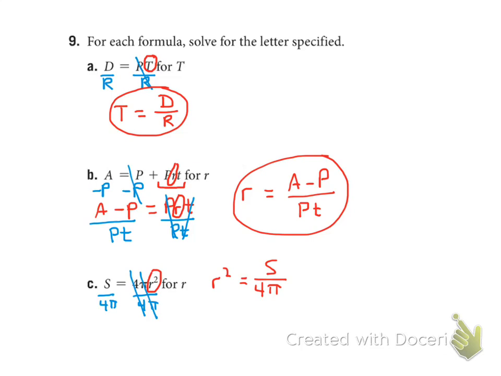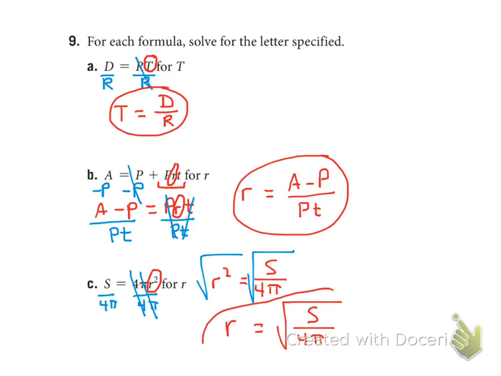But we want this to equal r. How do we get rid of the square? We take the square root of both sides. The square root and the square will cancel each other out. So that leaves you with r is equal to the square root of s over 4 pi. Any questions on letter C?